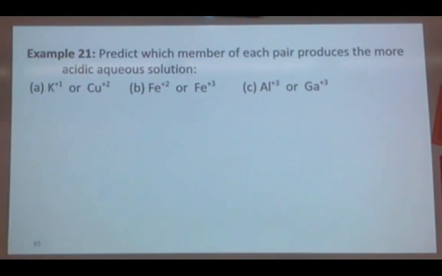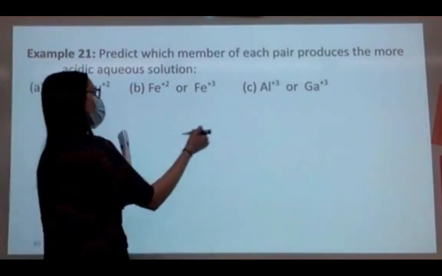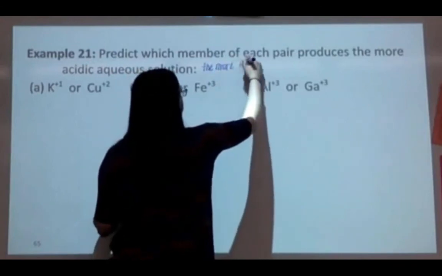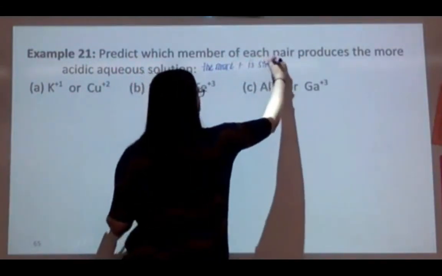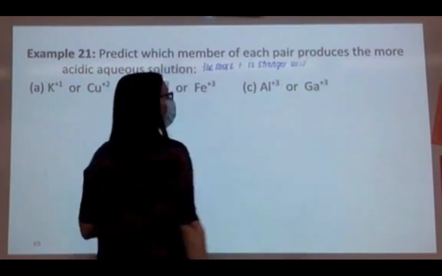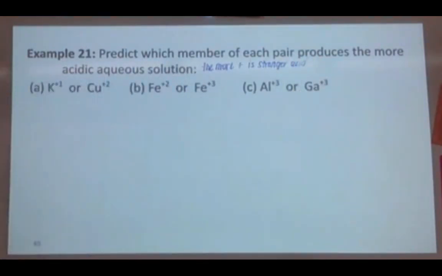When we're comparing ions that are similar, metal ions, the more positive is the stronger acid. The reasoning has to do with the hydrated cations. We're not going to talk much about complex ions, but it ties into them.